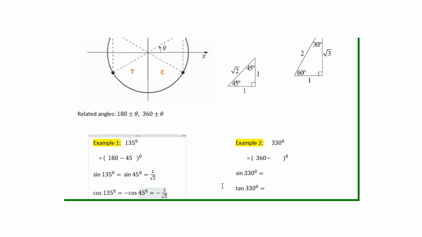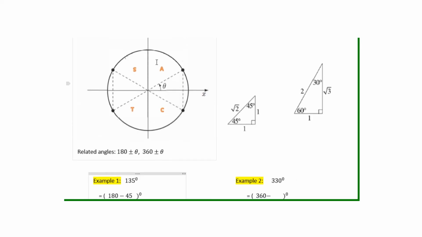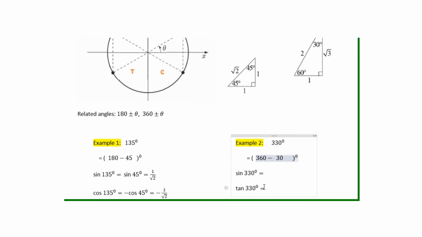Okay? Now, let's go through our second example. 330. What is the angle that is related to 330? Is that 30 or 45 or 60? So in the unit circle, 330 is over here. So the related angle will be 360 take away 330, which is 30. So the related angle will be 30 degrees.